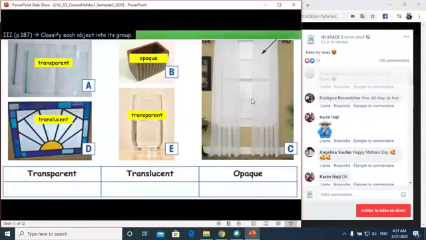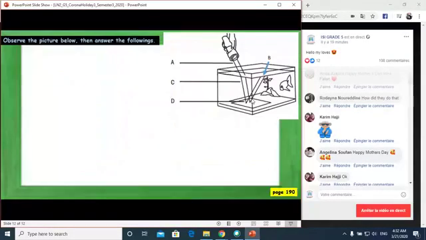E. Yes Ahmad. Excellent Ahmad. Bravo Asil. C is translucent also. We can still see what's behind, but not clearly. So it's a translucent object.